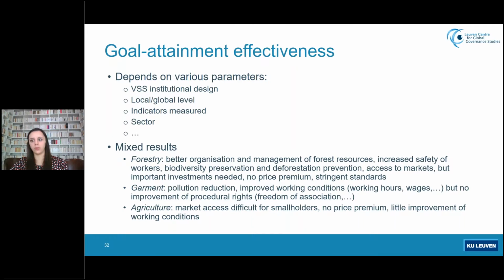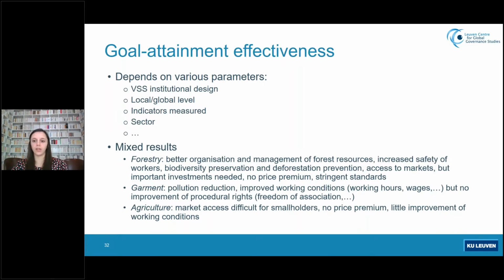So there is really no consensus, but studies tend to show that market access remains problematic for smallholder farmers, and as we saw earlier, this is due to the cost of certification that remains high for them. There is also no strong evidence that certification results in a price premium, and limited evidence of improvement of working conditions.